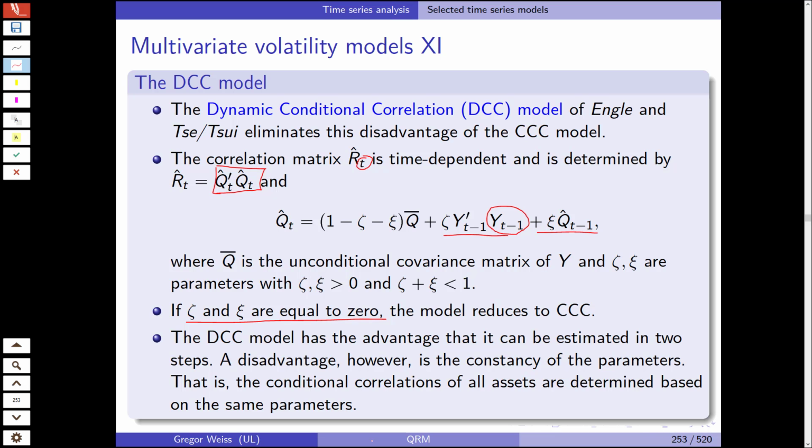So there is still some lack of flexibility when it comes to the parameters, which means that even though the correlations can change over time, the driving pattern and the driving law that governs the time evolution stays the same. So you have time variation, but the stochastic law that drives this time evolution doesn't change over time because it's estimated with constant parameters from one data set. Okay.